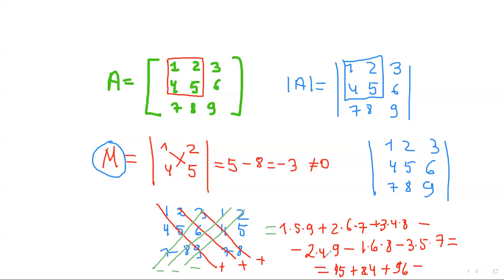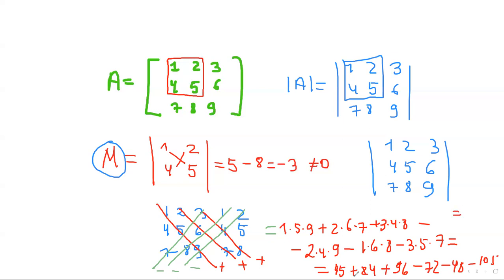Minus 2 times 4 times 9, that's 72, minus 1 times 6 times 8, that's 48, minus 3 times 5 times 7, it is 105.